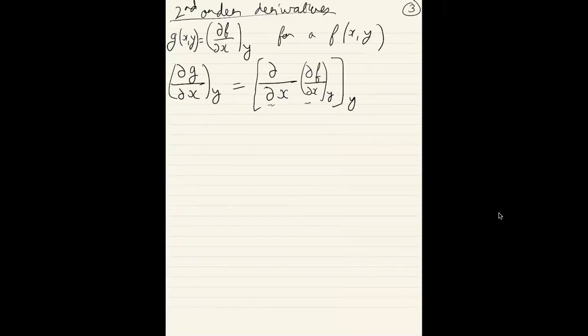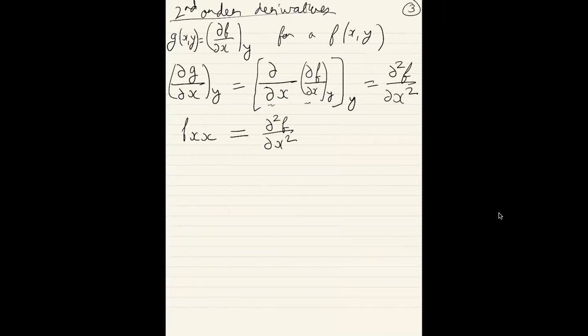This thing has a shortcut. It can be written as, in other words, we have second derivative of x with respect to x, double partial derivative with respect to x, which is partial square f by partial x square.